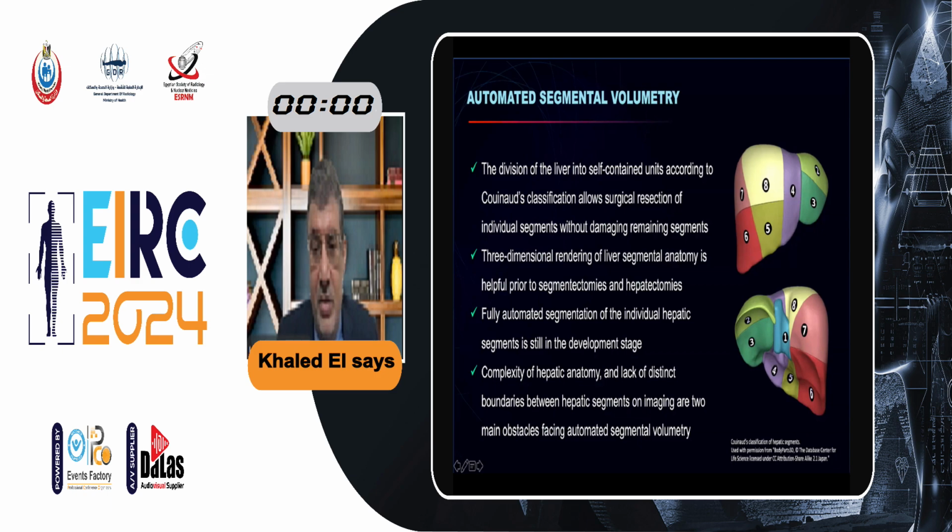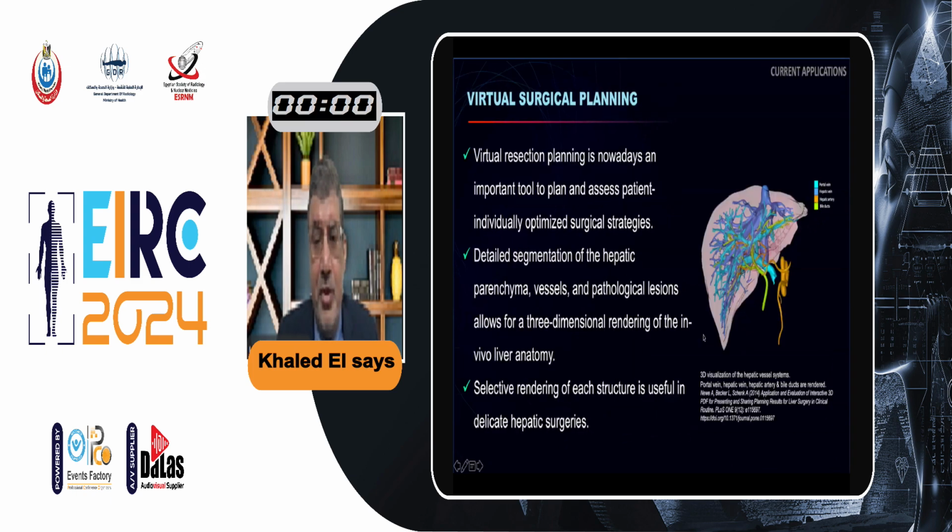And in MD Anderson, we do it by automated segmental volumetry, and you can automatically segment the liver and provide even a preoperative automated virtual resection that imitates the exact surgery.